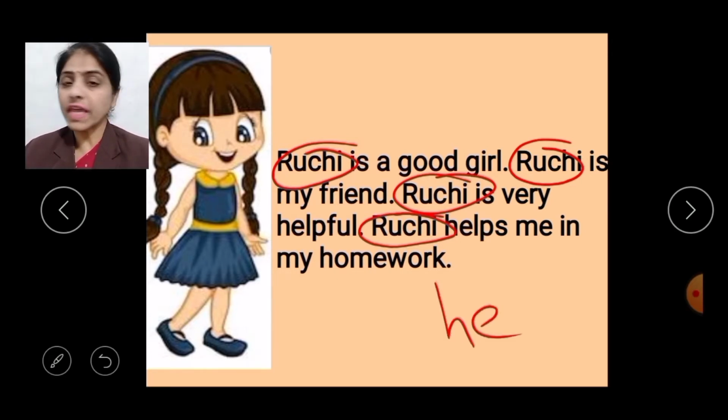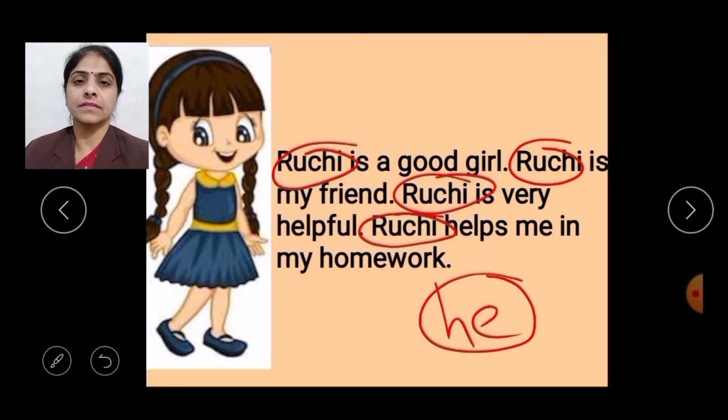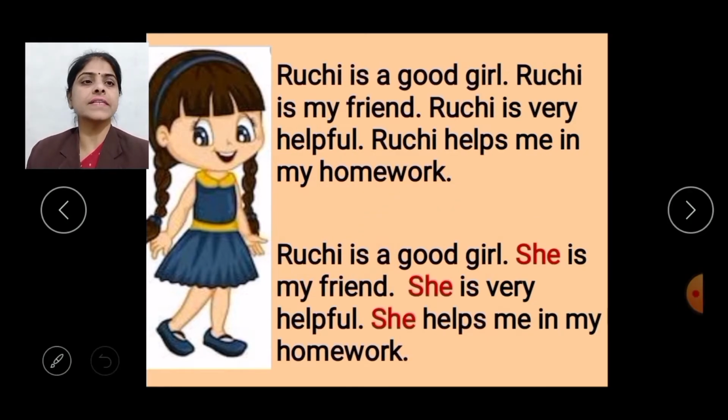No, we cannot use he because Ruchi is the name of feminine gender, and for feminine gender we cannot use he. In the place of Ruchi, we will use another word, that is she.